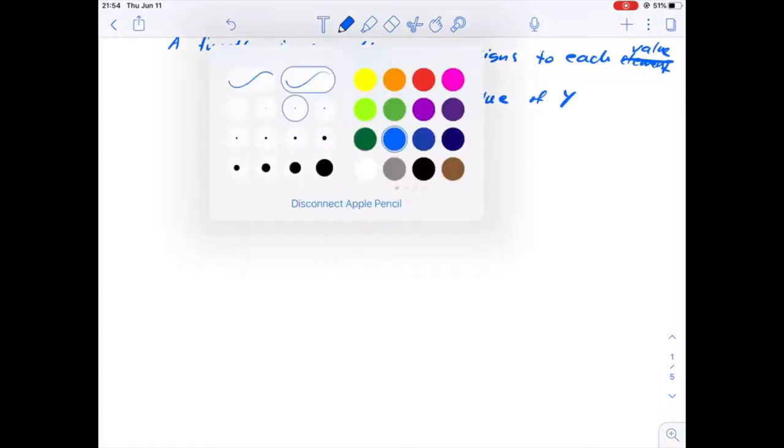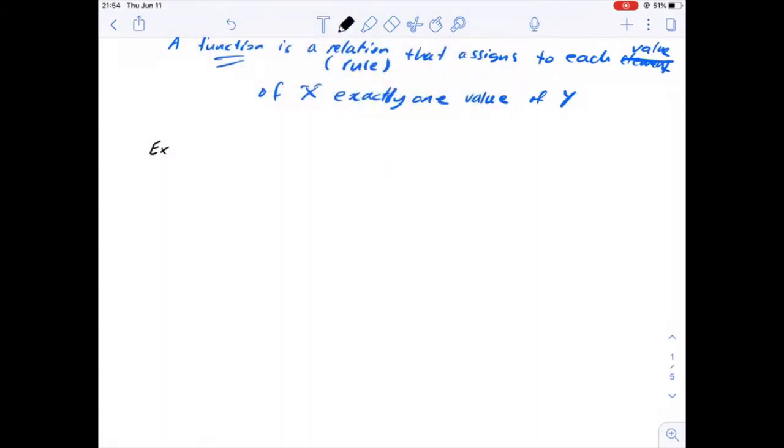Now let's take this comprehensive example. We want to determine which of the following relations is a function.